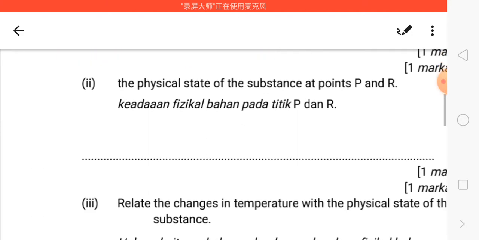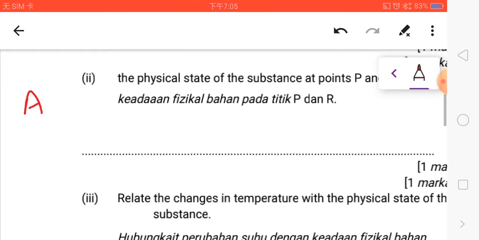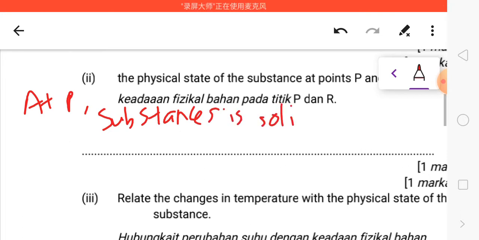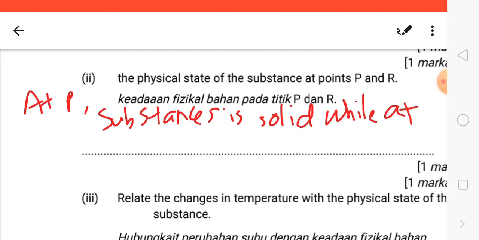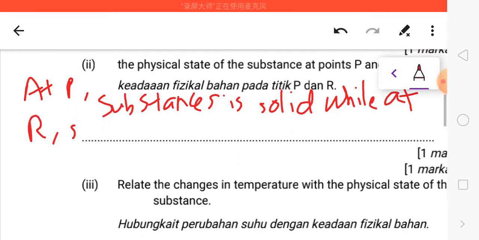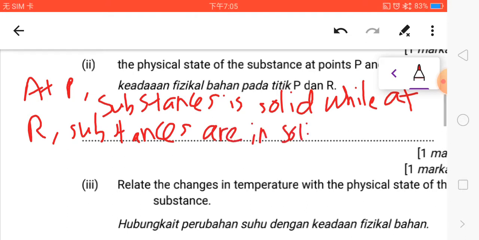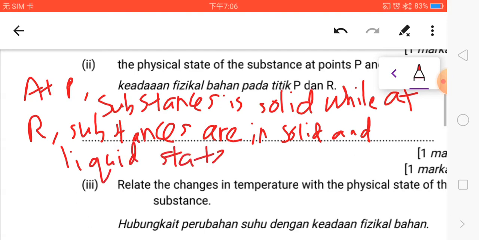So at P, the substance is solid, not liquid, while at R, the substance is in solid and liquid state.